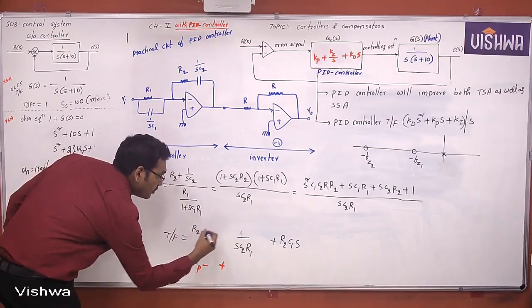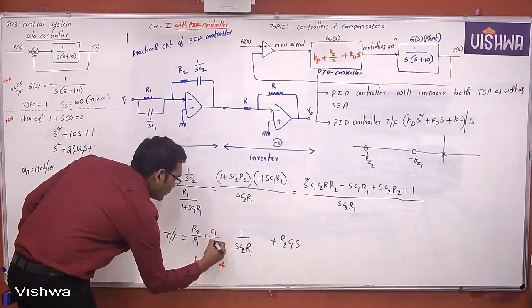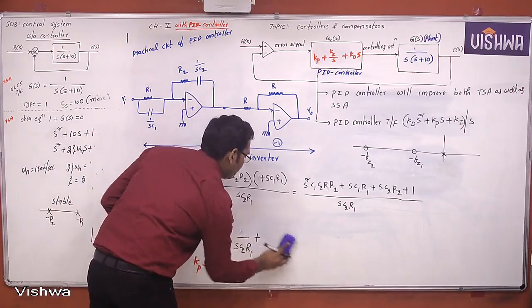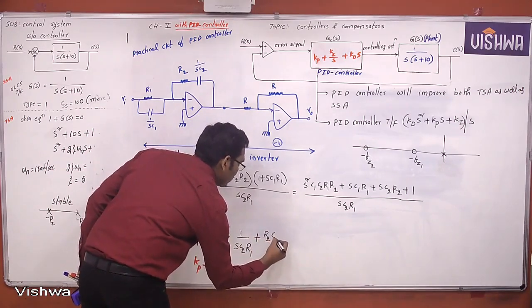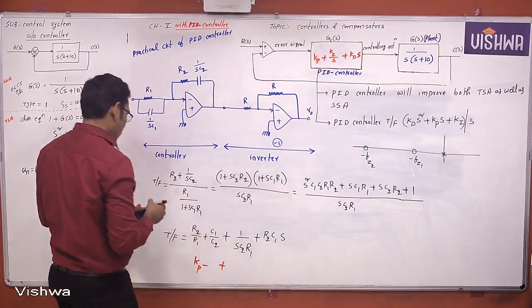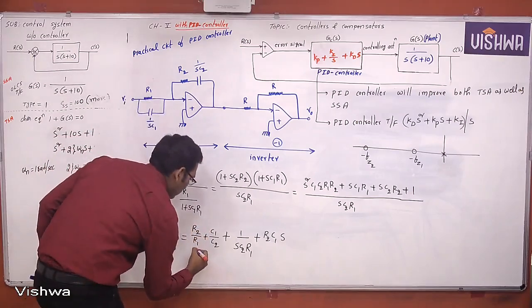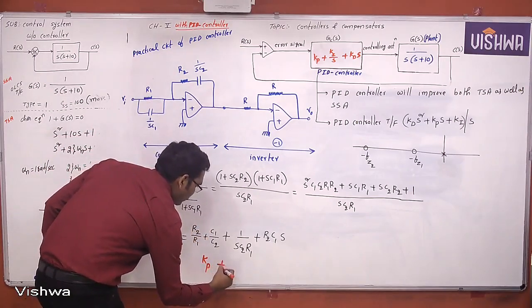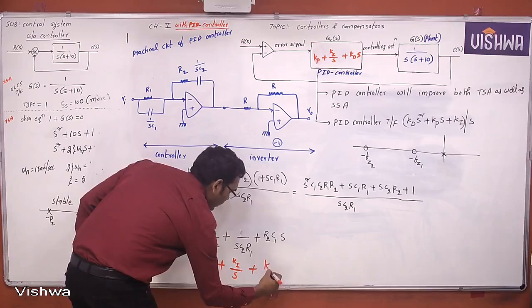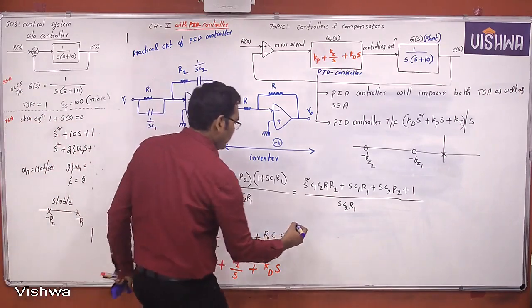R2 by R1 plus C1 by C2 plus 1 by SC2 R1 plus R2 C1 into S. Now this is Kp plus Ki by S plus Kd into S. Now what is Kp?